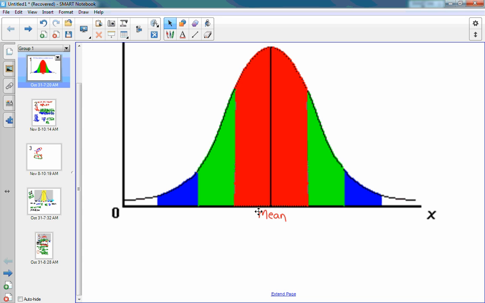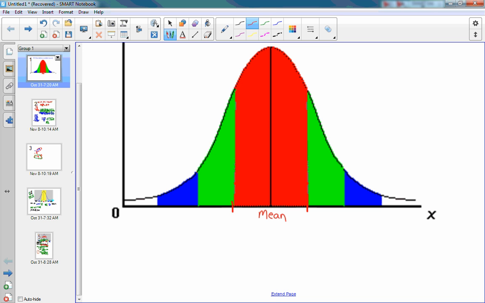And then we have to think about the red part. You are going to have one standard deviation to the left and to the right of your mean. We calculated standard deviation in our homework. We're going to go one standard deviation to the left of the mean, and it's going to hit this mark, or to the right.